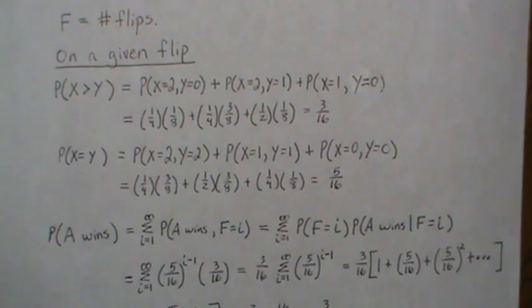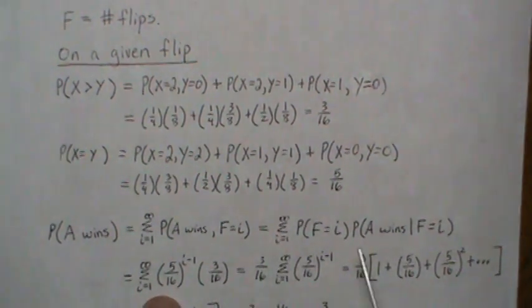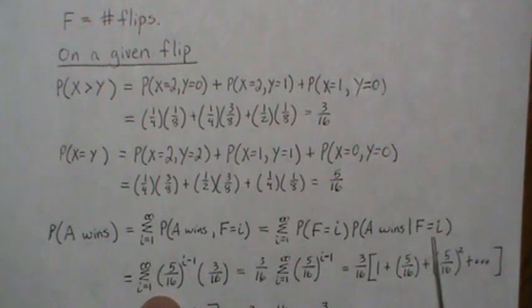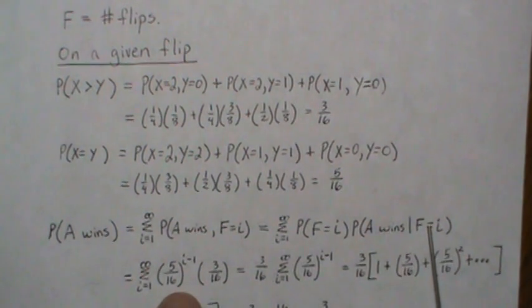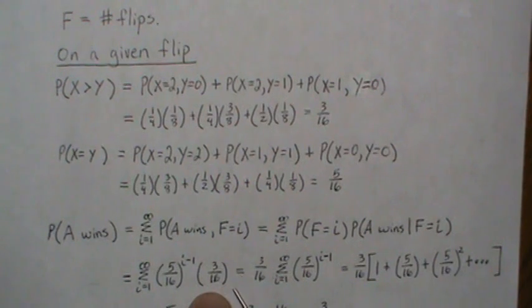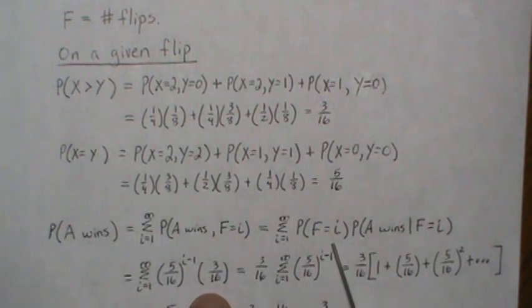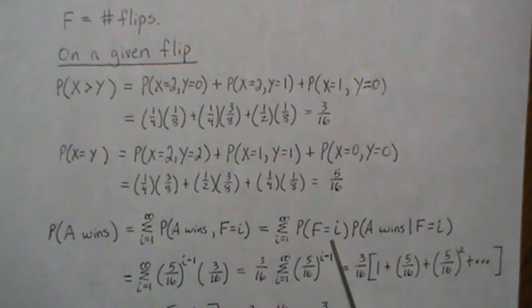Now, the next step is this piece here. The probability that A wins on any given flip is 3/16, and so that's constant from flip to flip. Now, the probability that F equals 1, that's 1 or 100%, right?